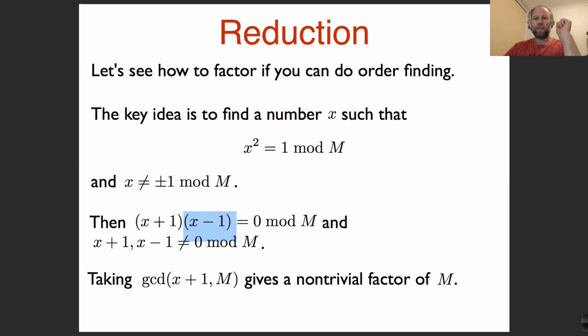So all the factors of m come from combining factors of x plus 1 and x minus 1. If we find such an x, then the greatest common divisor of x plus 1 and m is going to give us a non-trivial factor of m. And again, this is something we can do classically efficiently.